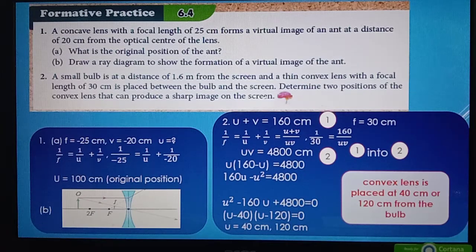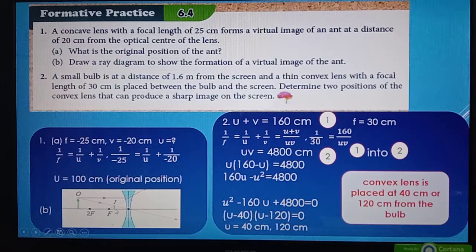Okay, now the diagram. Draw a ray diagram to show the formation of the virtual image of the ant. For the concave lens, as we know, there's only one characteristic of image, and the object distance does not affect the characteristic of image. So let's say here is the position of the object, and then you draw two rays: parallel to principal axis, diverging from F, and passing through the center in a straight line.